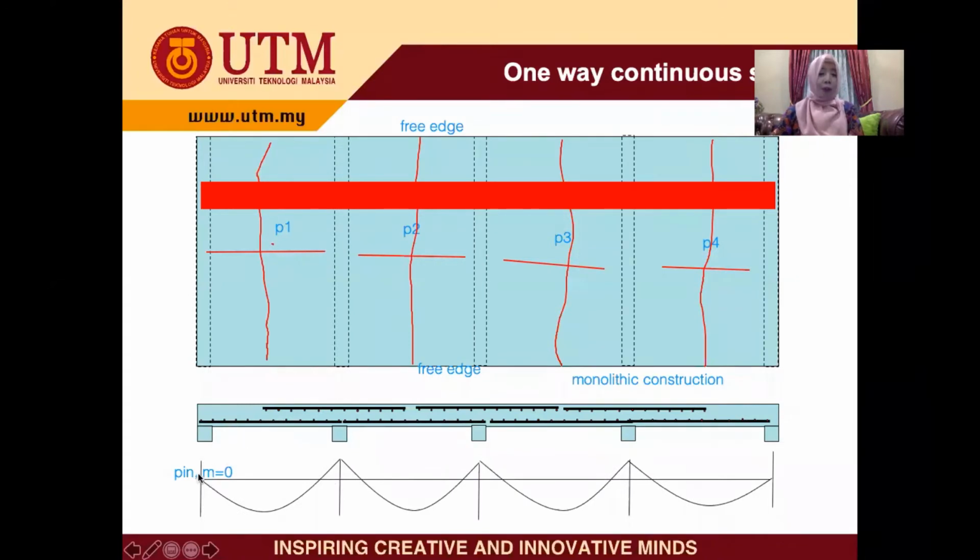We have the end span, and a maximum at the support and at the middle span. So we have the moment like the analysis in the beam. What we need to find is the moment at the span and also at the support. When we get that, we will do the design.